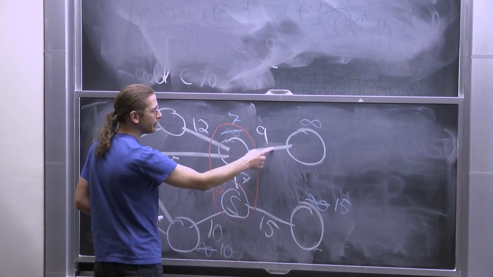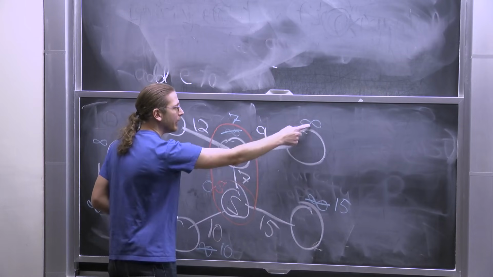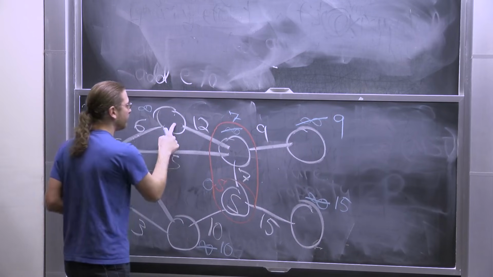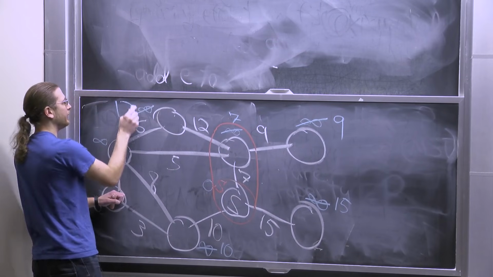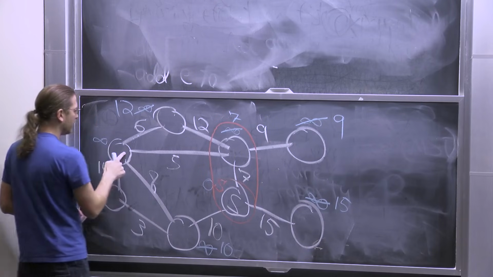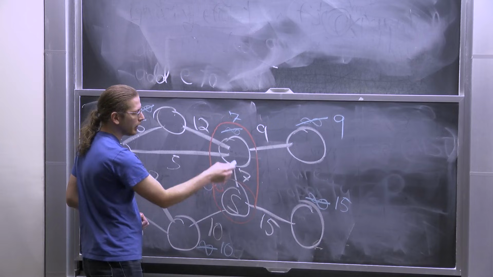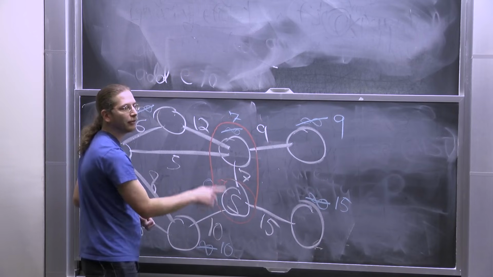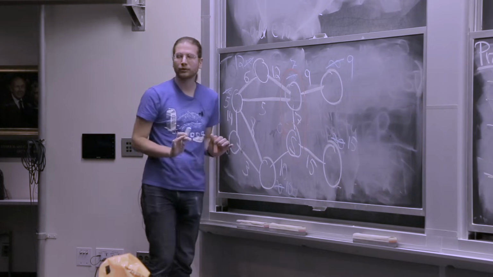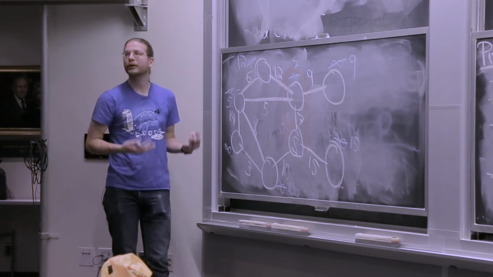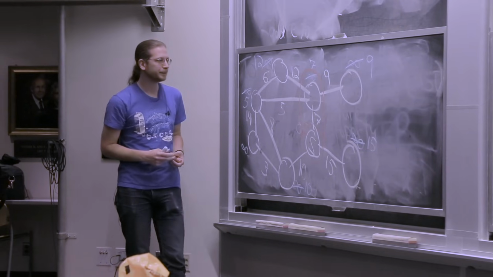So for example, here's a neighbor. 9 is less than infinity, so I'll write 9. Here's a neighbor. 12 is less than infinity, so I'll write 12. 5 is less than infinity, so I'll write 5. Here's a neighbor, but s is in big S, so we're not going to touch that edge. We'll end up looking at every edge twice, so no big deal.